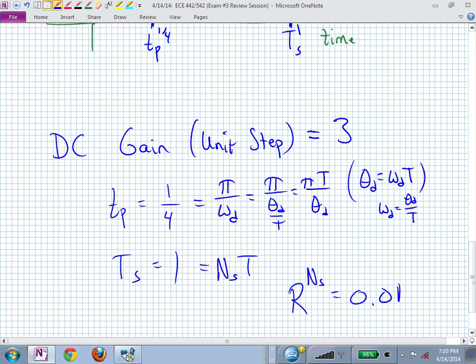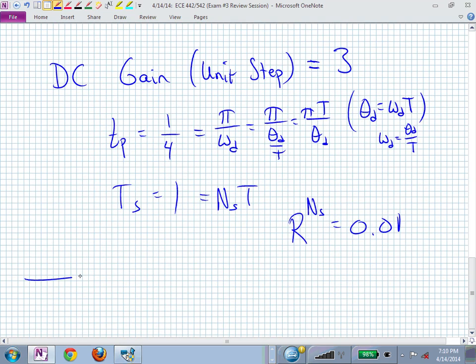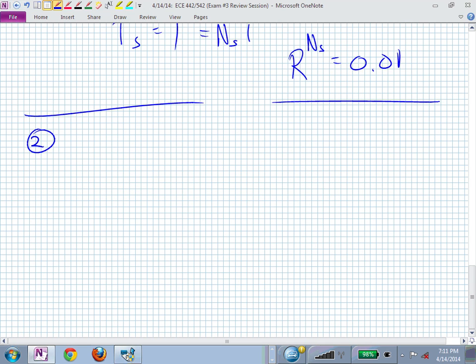That's one piece of this first transient performance and Z-plane poles. That's maybe a piece we haven't explicitly talked about, but you have the ability to solve that. System identification. Somebody might say system ID. A second way of looking at this transient performance and Z-plane pole locations is somebody might say, I want a certain percent overshoot, I want a certain peak time, I want a certain settling time.